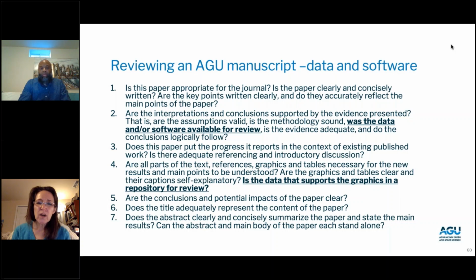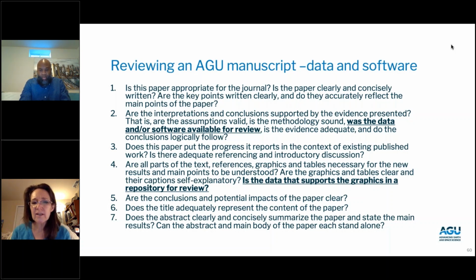So number 4 is another one to highlight. On module 2, where we talked about data, we indicated that anything that you're using from someone else, anything that you've created new, and number 4 indicates any of your processed or aggregated or synthesized data that supports graphics, or some sort of a graphical description within your paper.